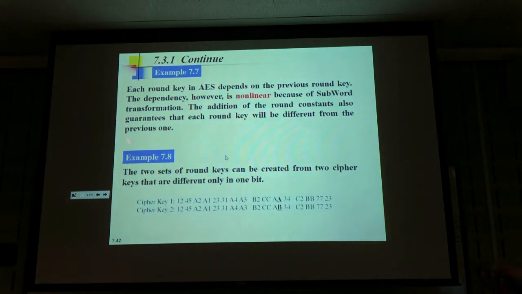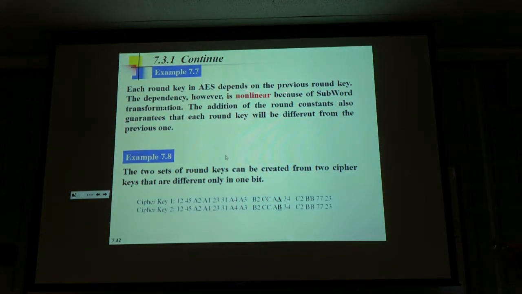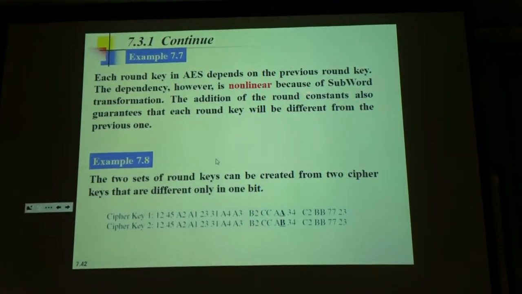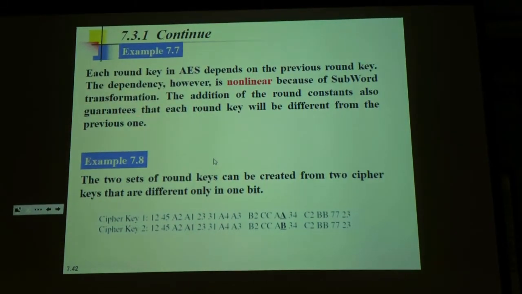Each round key in AES depends on the previous round key. The dependency, however, is non-linear, and this is very important. If it's linear, it's very easy to figure out. It's not linear because of the subword transformation. The addition of the round constants also guarantees that each round key will be different from the previous one. So let's test it.